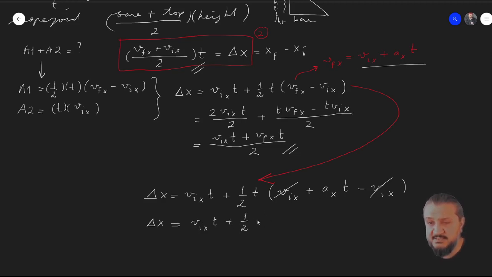Let's take this ax, write it here. T times t is equal to t squared, okay? So this also gives me delta x. It just doesn't have the final velocity in it, only the initial velocity and acceleration, okay? So that's a formula which I can use.